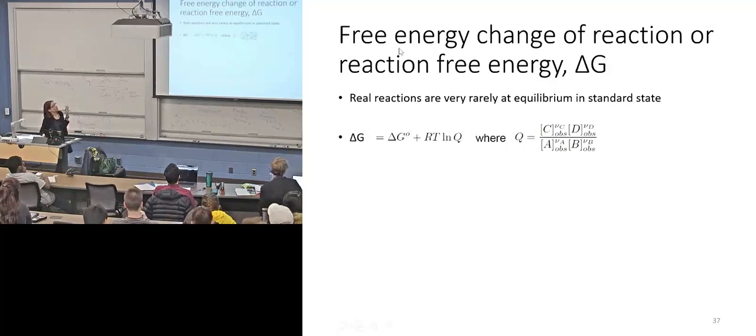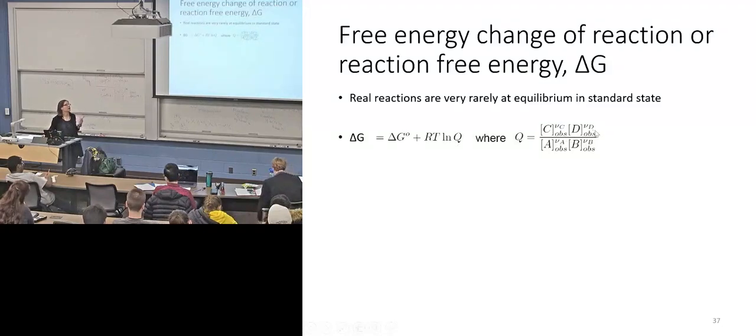So you can get the reaction free energy change, or the change in free energy for the reaction relative to standard state. So delta G will be equal to the standard state free energy change plus gas constant times temperature times the natural log of reaction quotient, or Q, where Q are your real observable concentrations that you measure in the lab.